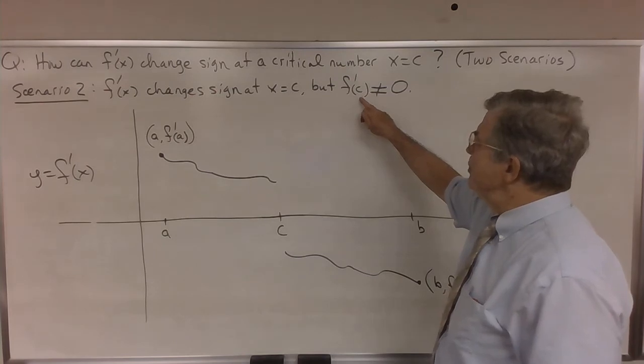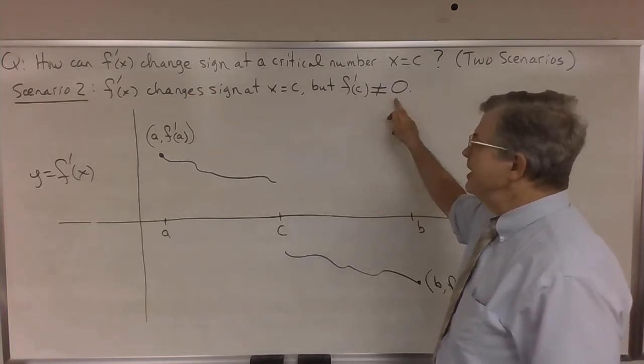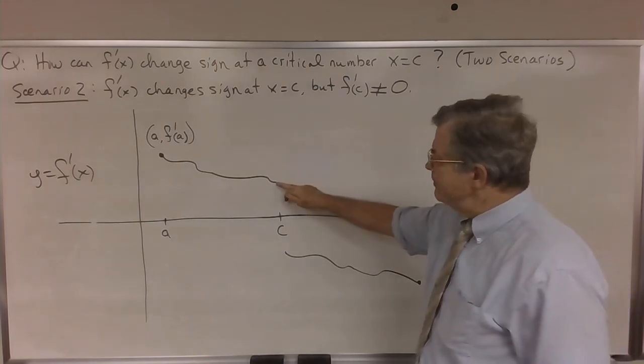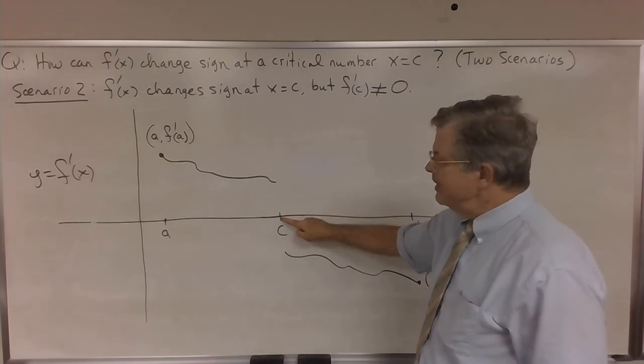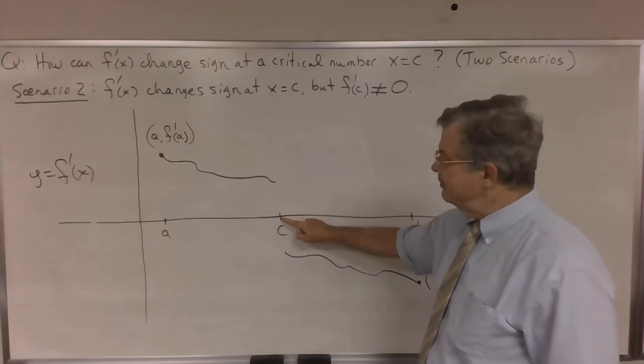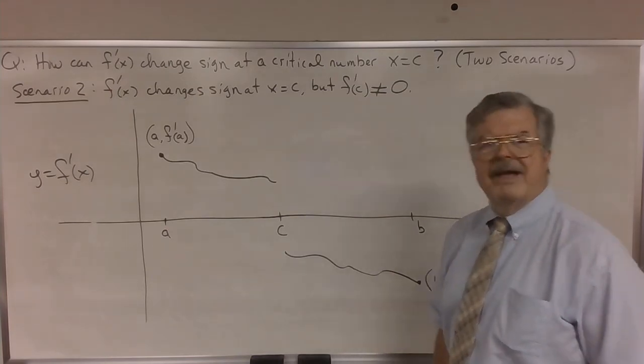But we're told that the derivative evaluated at C is not 0. So in other words, the graph of the derivative doesn't cross the x-axis right here at x equals C. Well, how is that possible?